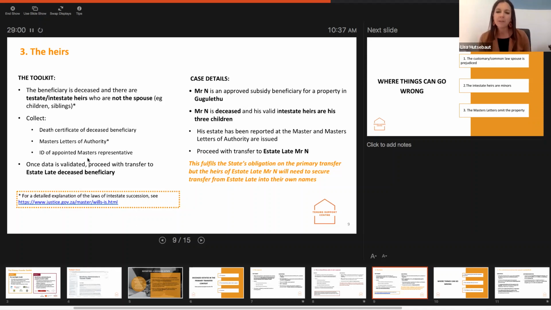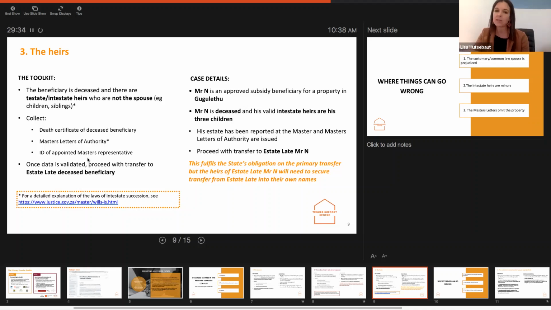So there are a couple of documents that get issued when somebody passes away. And I understand that this may be different in rural areas. It's not my area of expertise, but basically when somebody passes away, there should be what's called a death notice, which the person who signs them off as deceased, usually a doctor or somebody at the morgue, will sign, to confirm that that person has passed away.